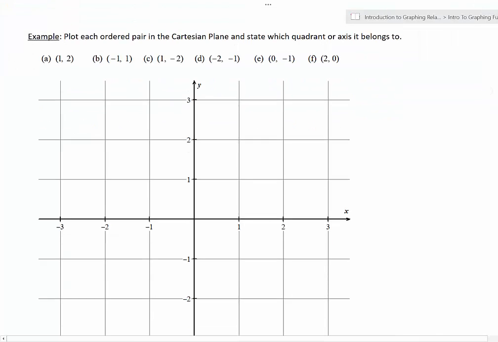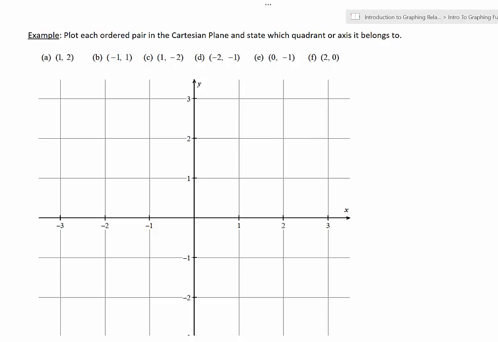And we see that in this example, we just want to plot each of the ordered pairs that are given to us, and then also state which quadrant or axis it belongs to. So we're going to start with this first ordered pair, (1, 2), and that means from the origin, so here we are at the origin right there, we move to the right 1 unit, since that's our input value and it's positive, and then from there we move up 2 units, so that point right there is the point (1, 2).